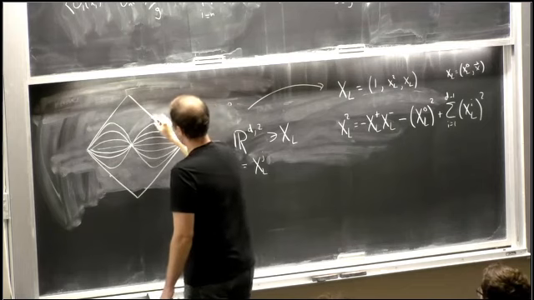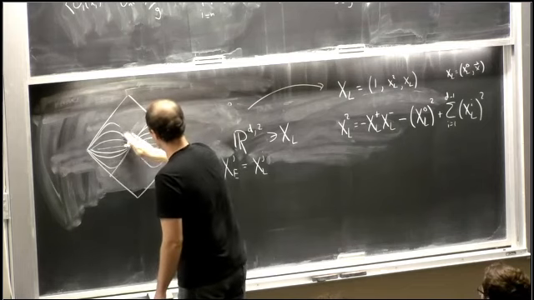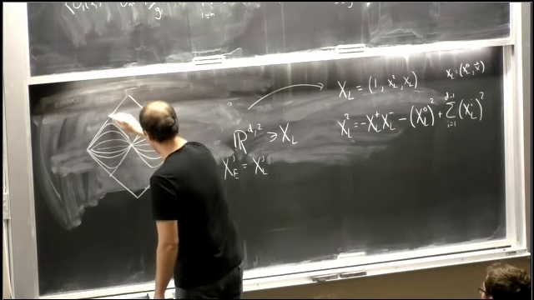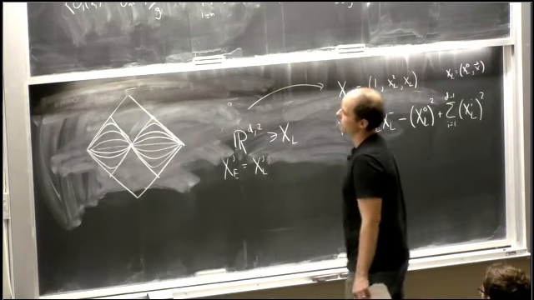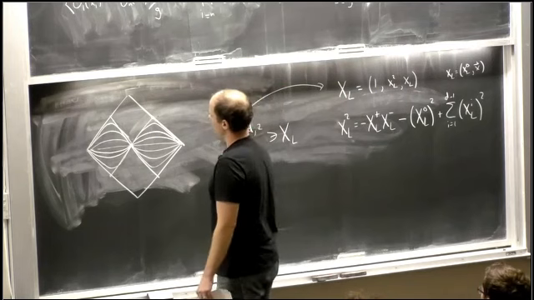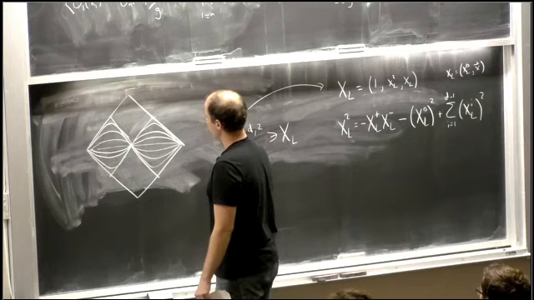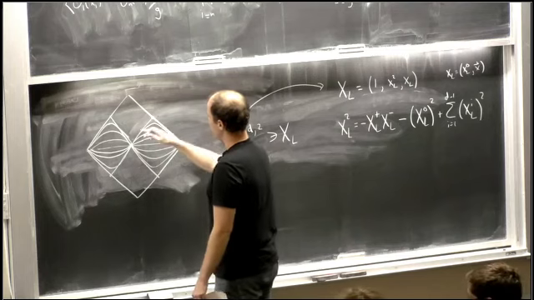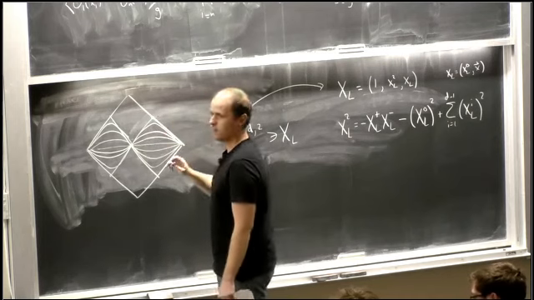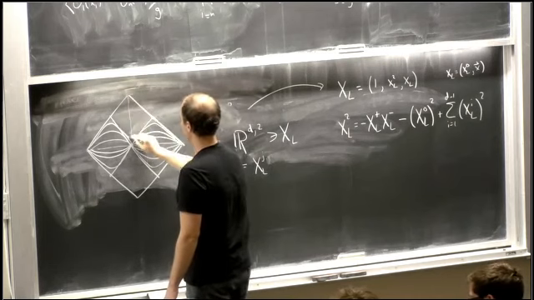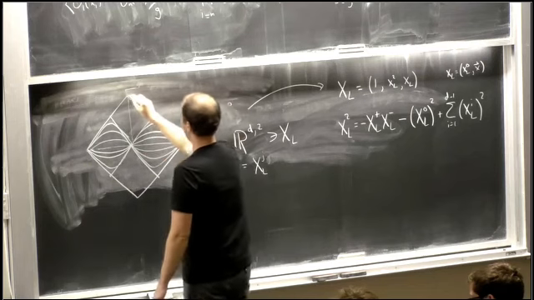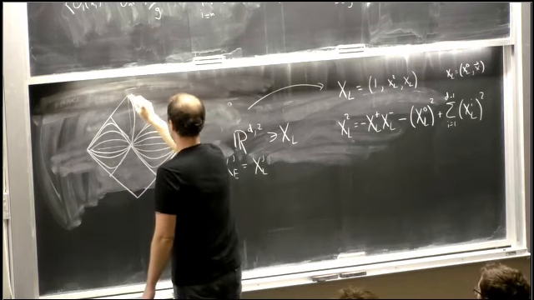Okay, and so as you boost, you never pass these horizons. And then you can ask what happens here in this region. So in this region, if you start with this line and you boost it, then you get lines that look like that.